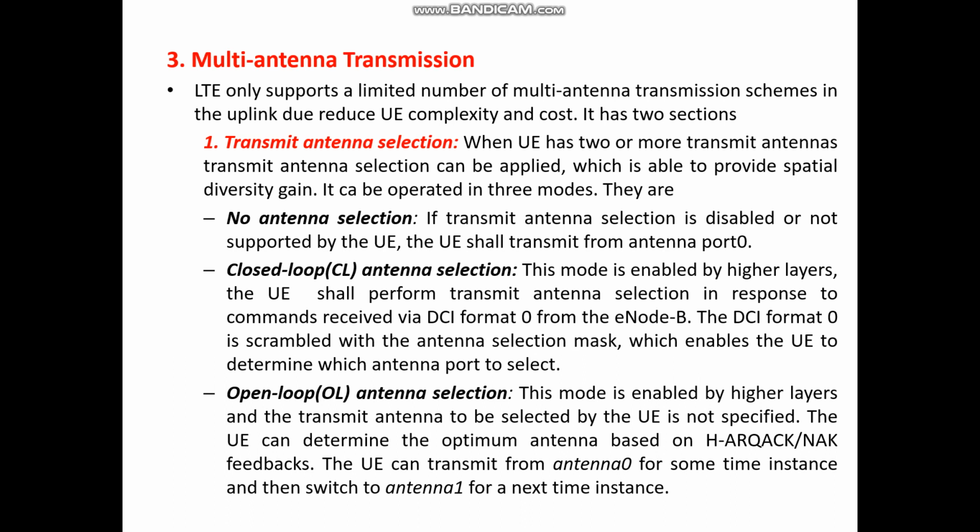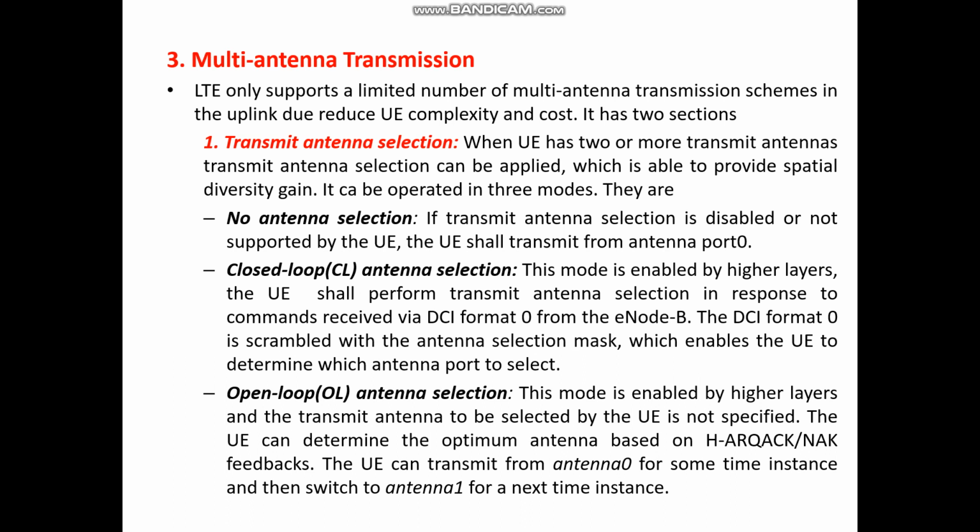One is transmit antenna selection, where user equipment has two or more transmit antennas. The transmit antenna selection can be applied, which is able to provide spatial diversity gain, and it can be operated in three modes. The three modes are no antenna selection, closed loop antenna selection, and open loop antenna selection.